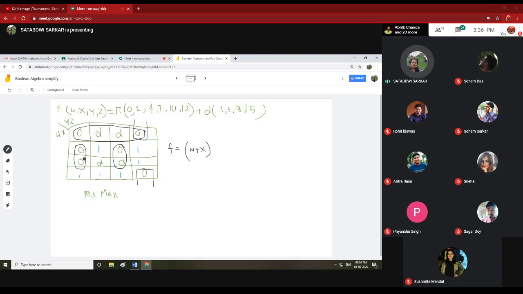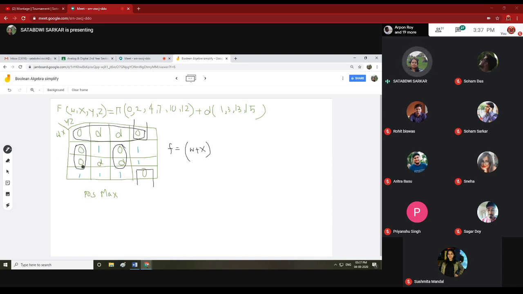Now for these two terms we will get YZ here. YZ is not changing, and here W and X change. W bar X bar, W X bar.